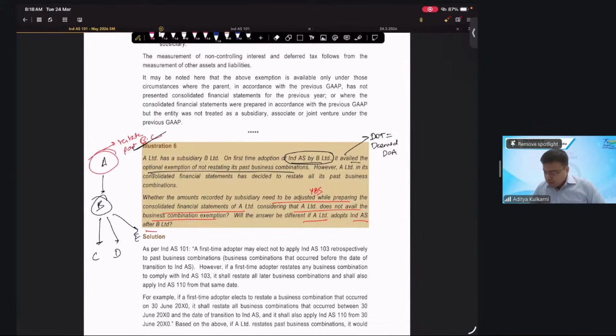On first time adoption of Ind AS by B Limited, it availed the optional exemption of not restating its past business combinations. However, A Limited in its consolidated financial statements has decided to restate all its past business combinations. Whether the amounts recorded by the subsidiary need to be adjusted while preparing the consolidated financial statements of A, considering that A Limited does not avail the business combination exemption. Will the answer be different if A Limited adopts Ind AS after B Limited?